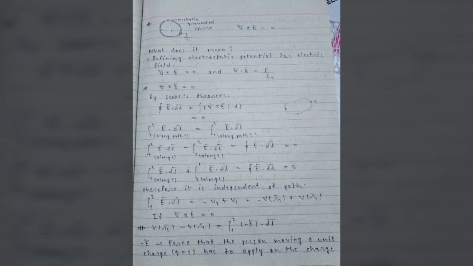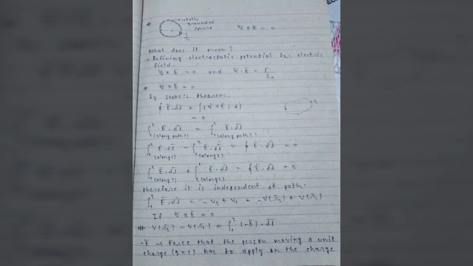Understanding this will lead us to defining the electrostatic potential, which is easier to deal with compared to the electric field, because for the electric field we have two differential equations, for its curl as well as its divergence, and we will see that for the electrostatic potential we will have only one equation because it is a scalar quantity.